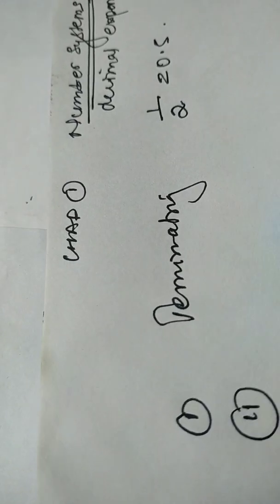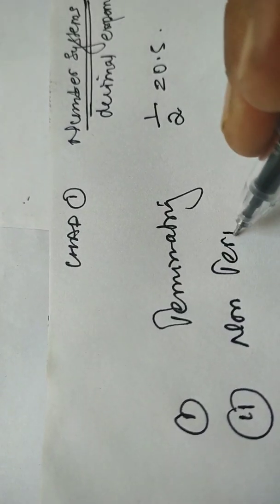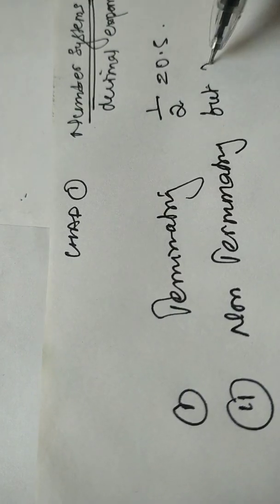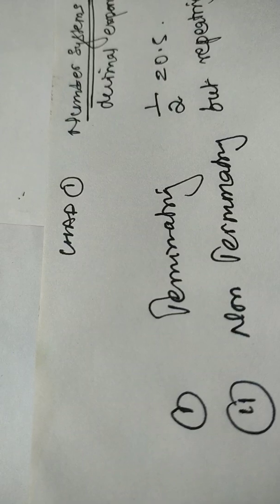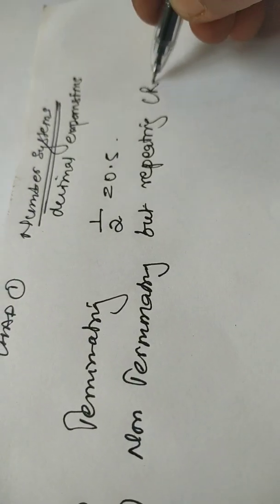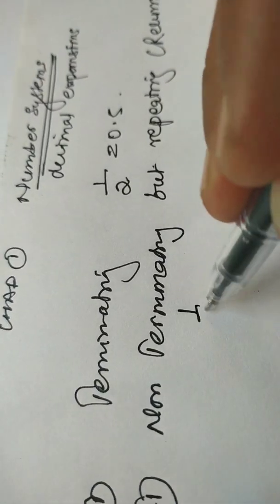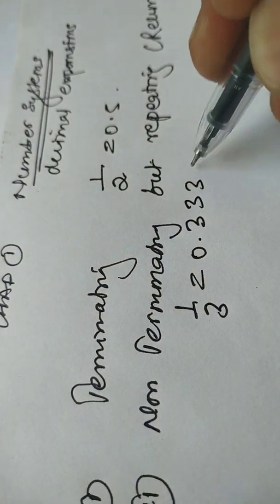And the second one we are going to discuss is non-terminating but repeating, or recurring. Now for example, 1 upon 3 is equal to 0.333 dot.